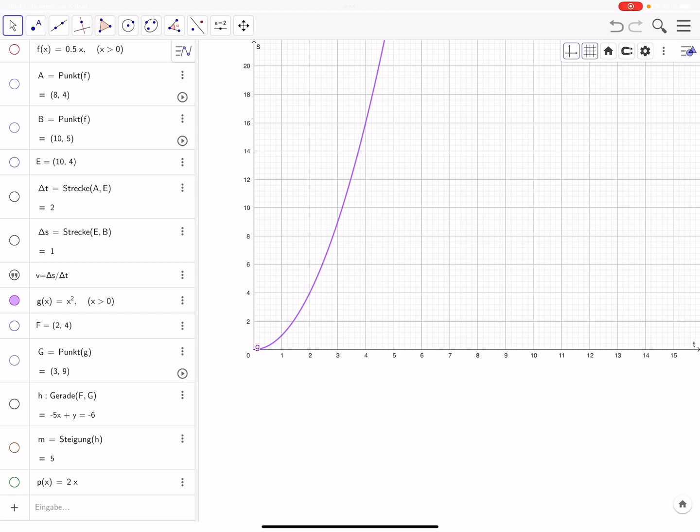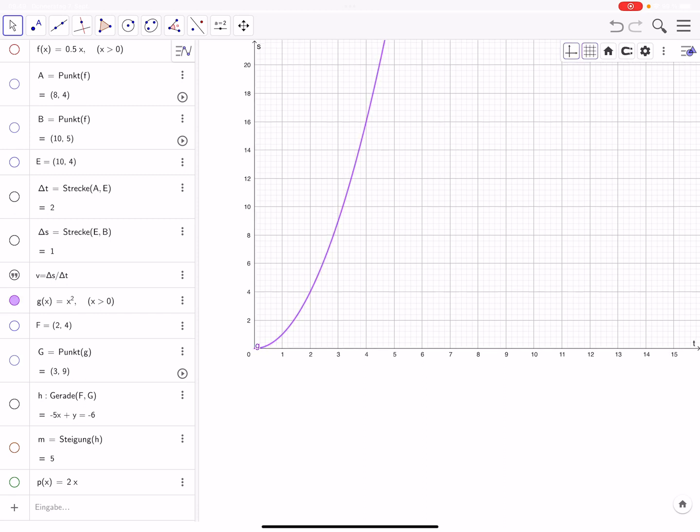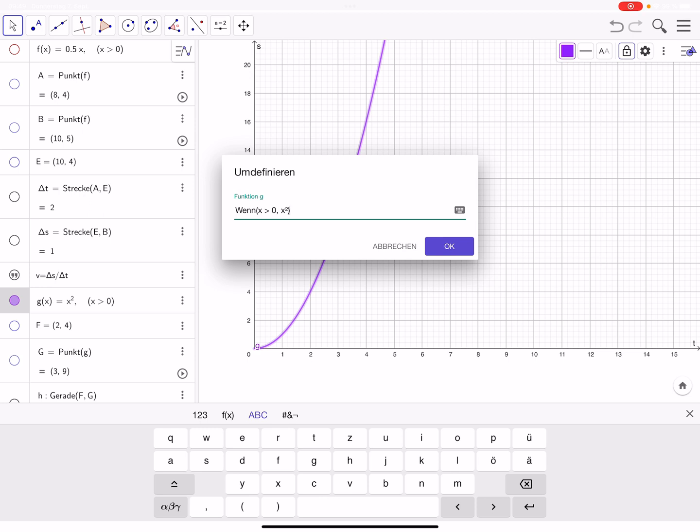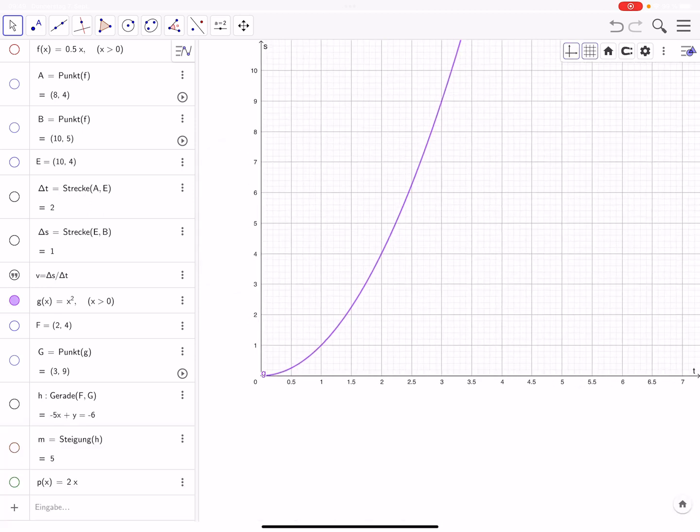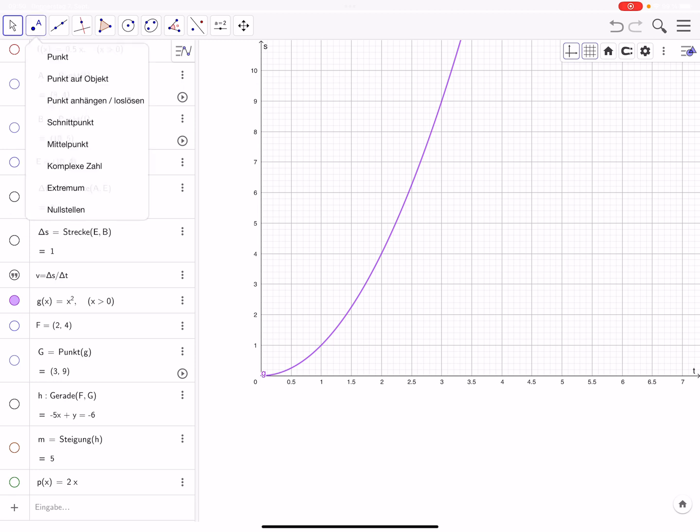That means that we have an accelerated movement, obviously, because in the first second or time unit, we have a distance of 1. So that's what we see here.